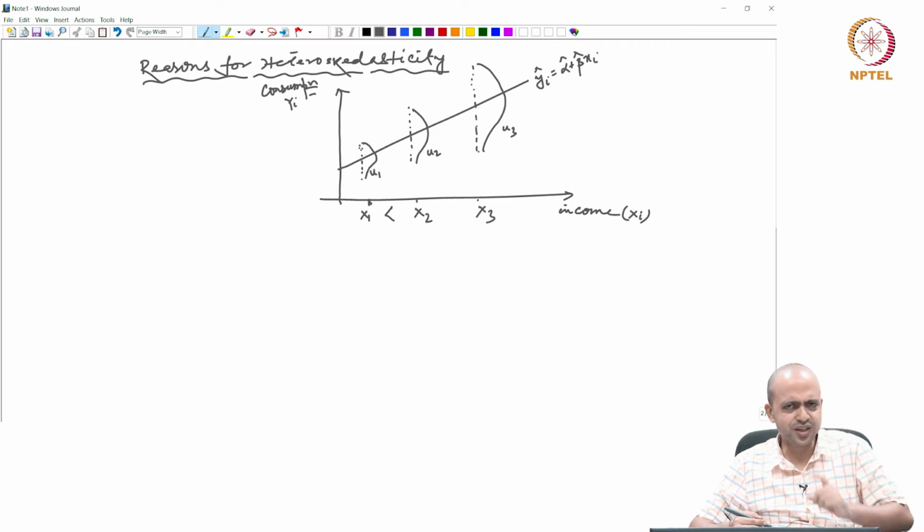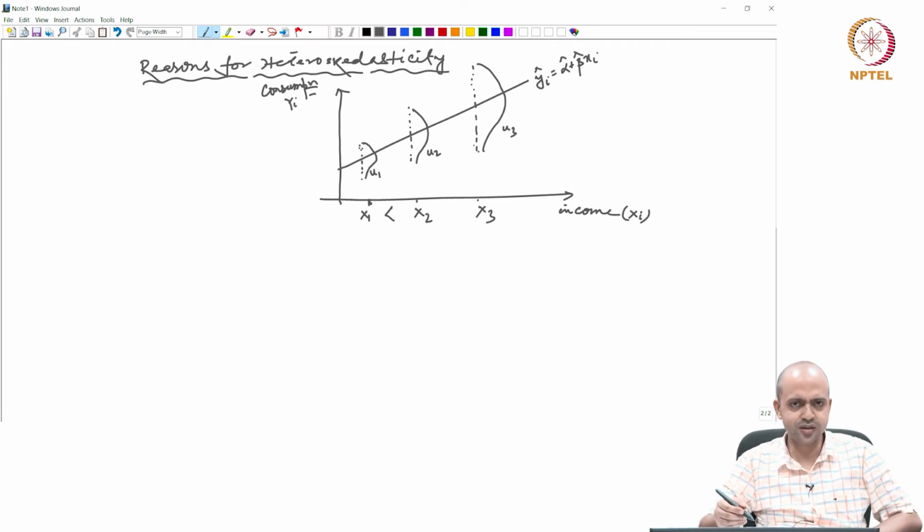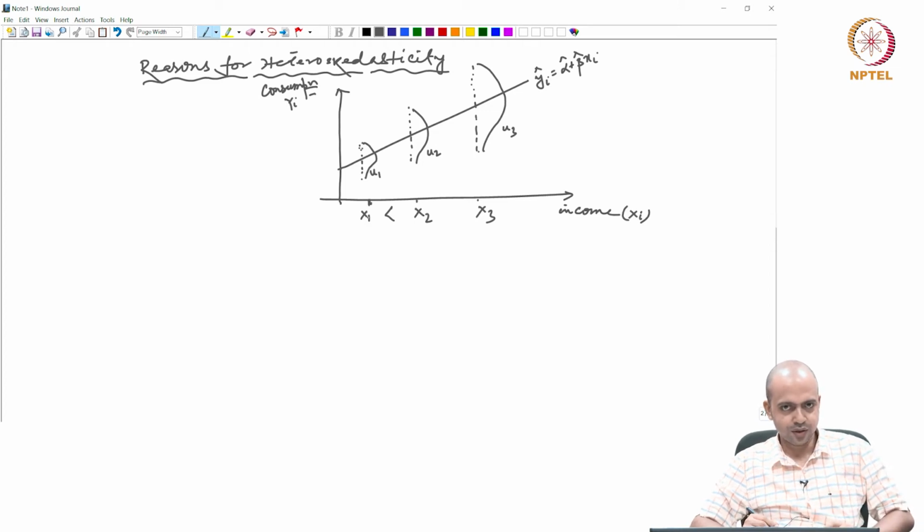But the question is why this error variance is increasing instead of being constant at different levels of income. The reason is very simple. See, when the individual's income level is very low, then you can actually predict very well the consumption pattern of the individual.